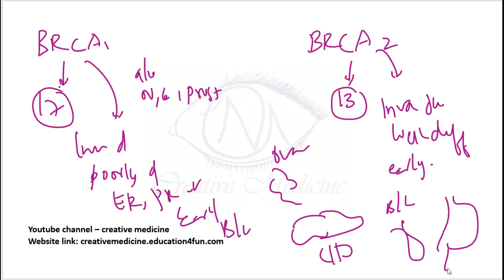BRCA2 associated cancers are invasive ductal carcinoma, well differentiated, hormone receptor positive. It is associated with colon, pancreas, prostate, gallbladder, stomach, and also melanoma. So these are the differences.